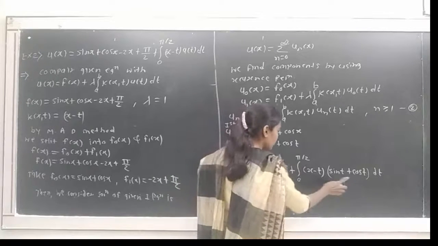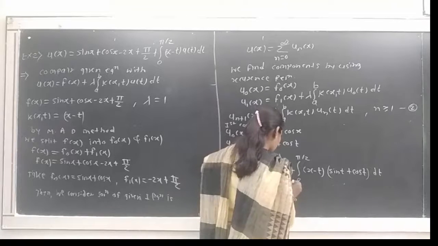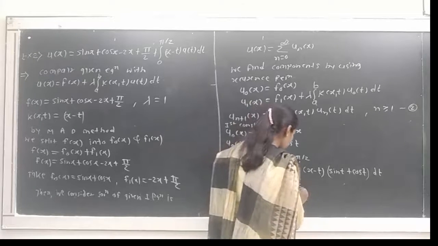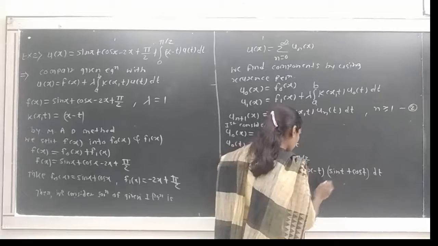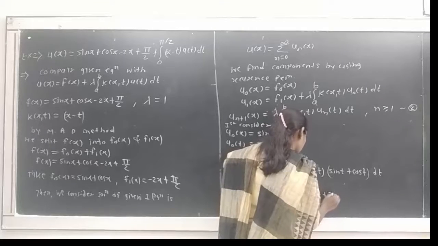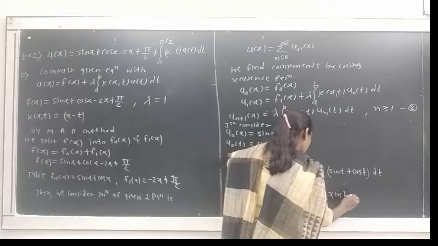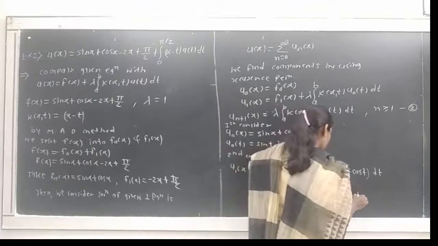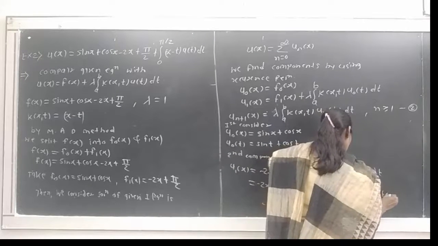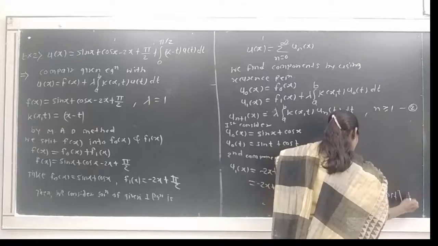the multiplication of these two brackets, integration from 0 to pi by 2, then in bracket x into sin t plus x into cos t, then minus t into sin t, then minus t into cos t, into dt.